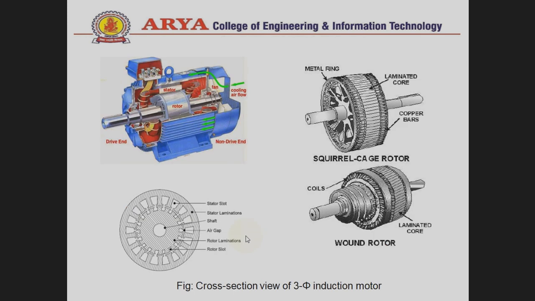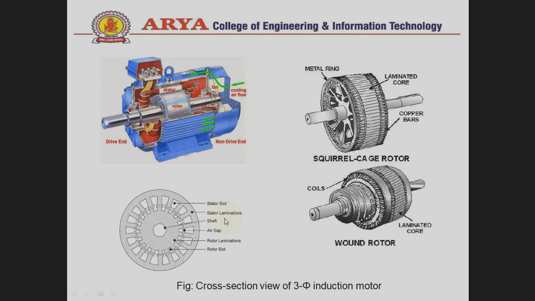Now we see the diagram. This is the cross-sectional view of a three-phase induction motor, and these are the two types of windings, that is, the armature, basically the rotor winding structure. So let me explain here. First of all, what is the frame?